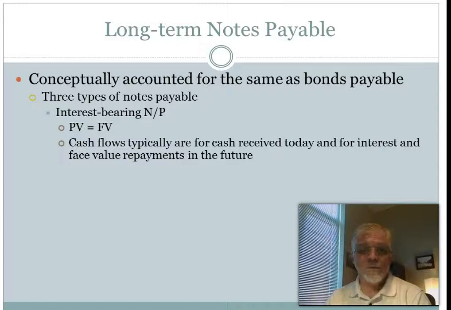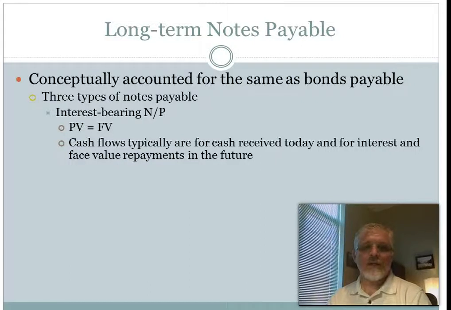The only difference really is the length of time for which the note will be outstanding. The present value of the note is equal to the face value of the note, just like with short-term notes payable. And the cash flows are typically for cash received today and for interest and face value repayments in the future.